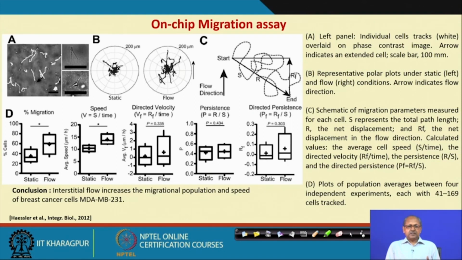The Hessler group showed that when you give flow through the interstitial flow, it influences cellular migration, and that migration is heterogeneous. Most of the cells, around 40%, move against the flow, and another 40% move in the flow direction, meaning downstream and upstream, and among the remaining 20% some cells are very fast or very slow, and some are totally random.